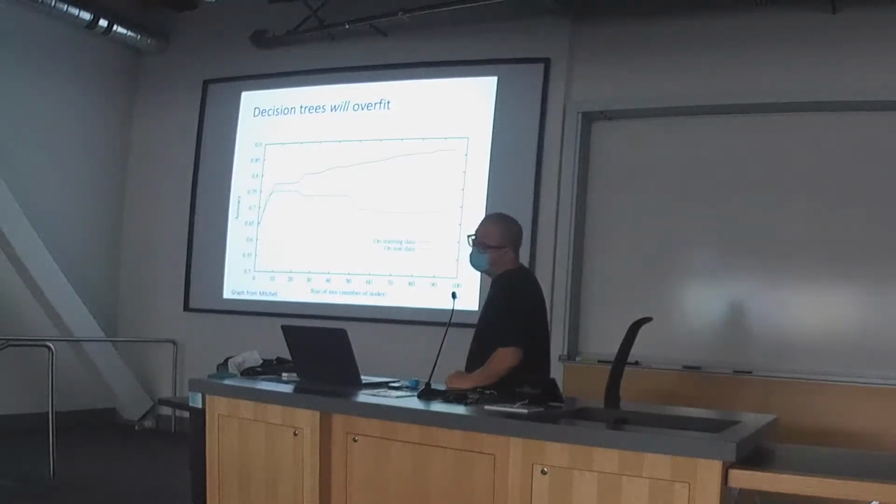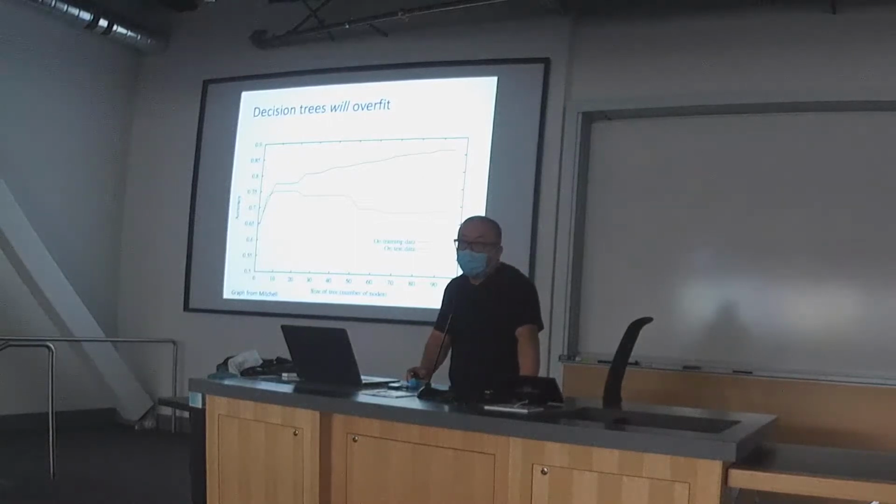But at some stage, when the size of the tree grows to some degree and you keep growing the tree, you can continue to increase the training accuracy, but test accuracy starts to decrease. This is the point where you overfit the data.